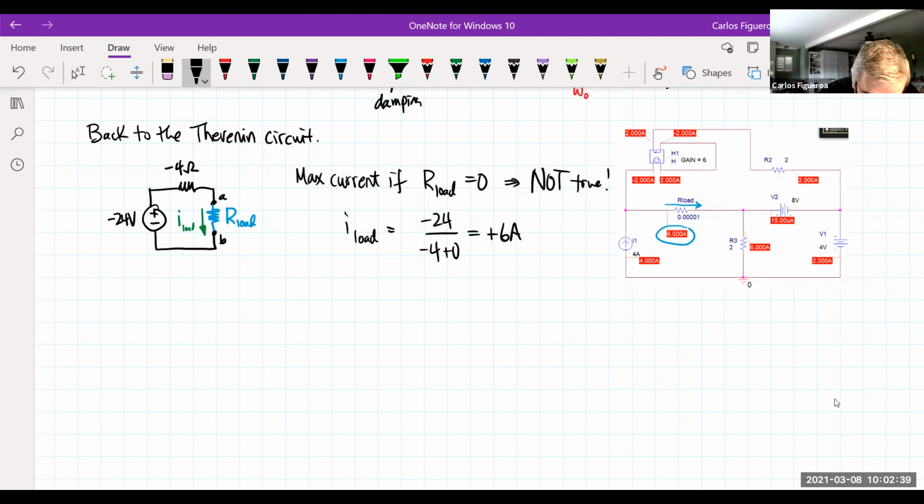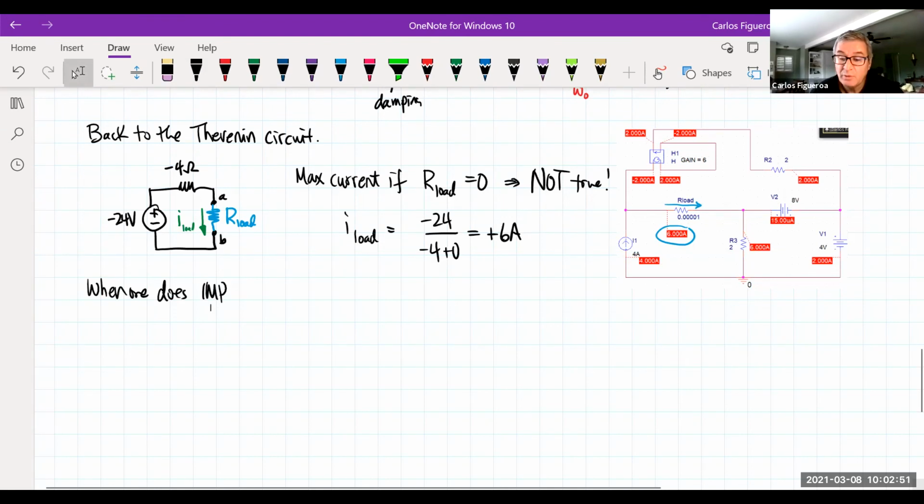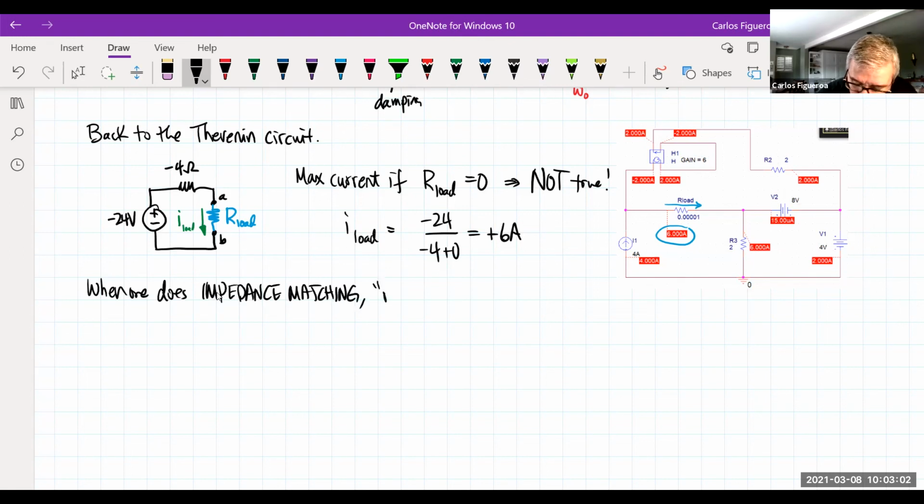However, when one does impedance matching, you're essentially resonating a DC circuit, in a way.